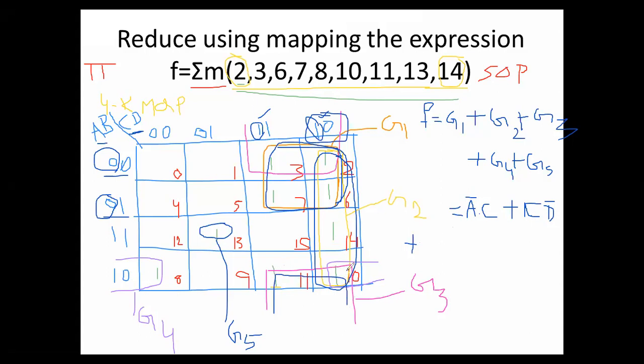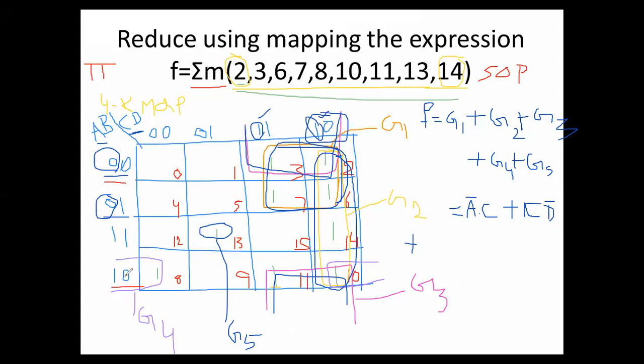These two ones and these two ones. Okay? So what about the AB values here? What are the combinations here? 0 0 and 1 0. This group 3 belongs to 0 0 and 1 0.